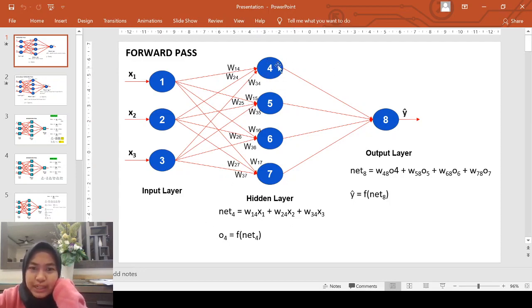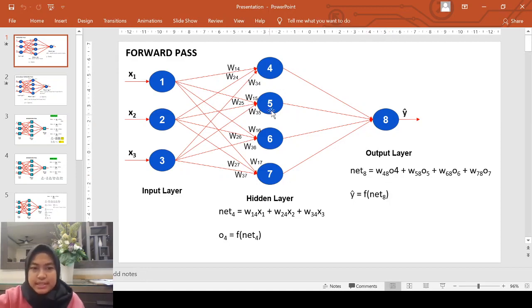And then to calculate the output for neuron or node 4, we calculate the function f with the variable net 4. We repeat this step for the other nodes 5, 6, 7. Then we continue to the output layer, which is the net for neuron 8.